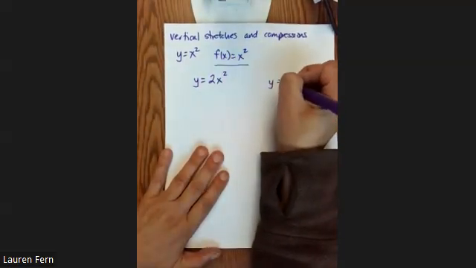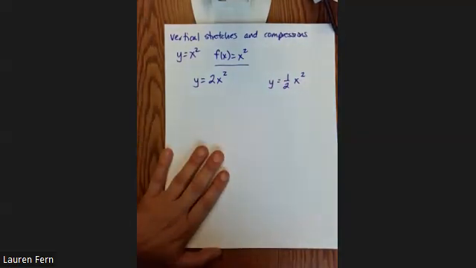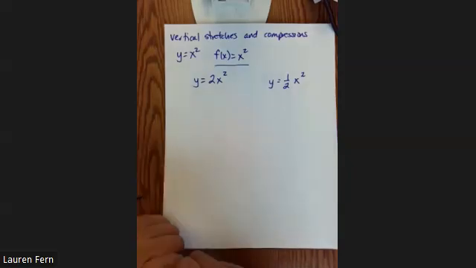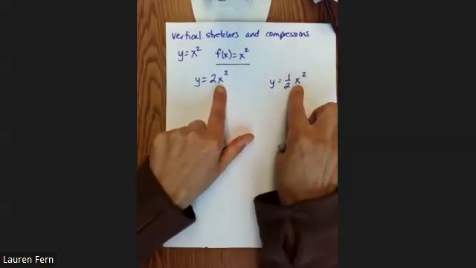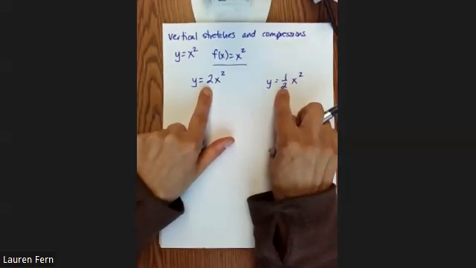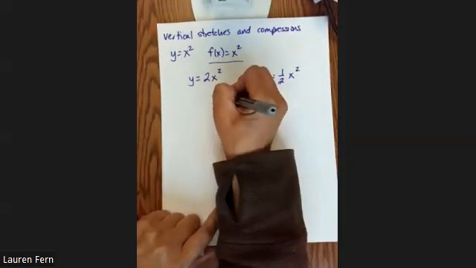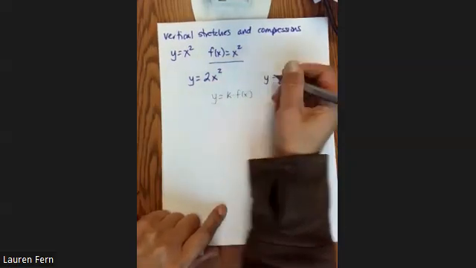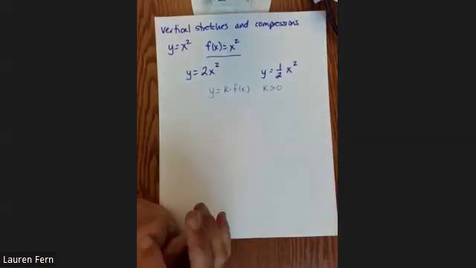And then I want to graph y equals 1/2 x squared. Would you agree that what we're doing is taking our function f of x and multiplying it by some value k? Okay, I claim what we're looking at is k times f of x. And right now we're just considering values of k to be positive.